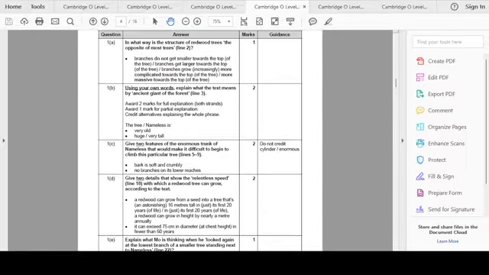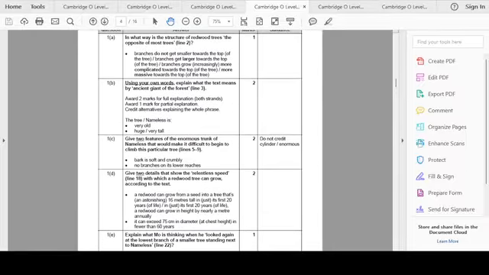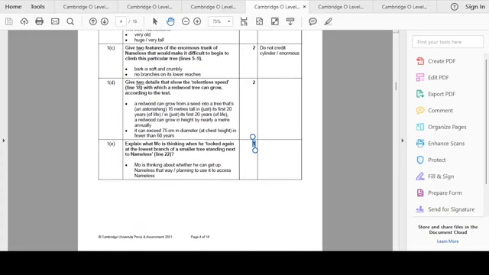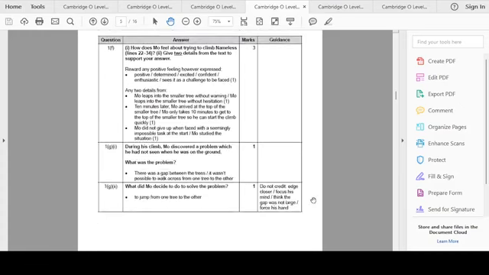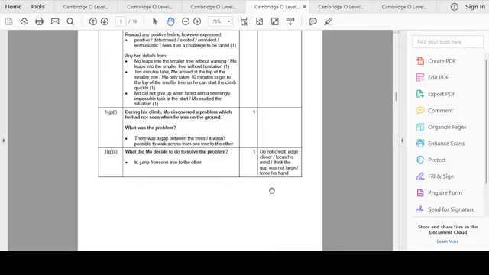In some cases, you see do not credit cylinder enormous. So the examiners are given guidelines. If a student responds with certain words or certain phrases, then that would not be credited. If there is something given in bold or underlined, that means that is a word that is expected in the answer.